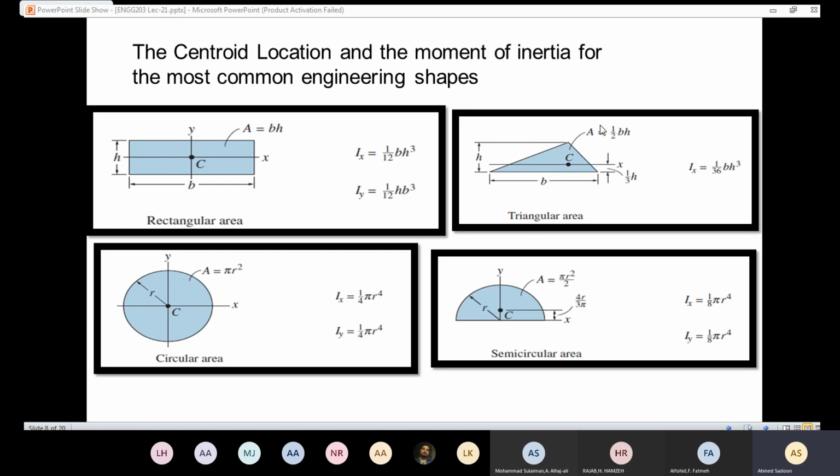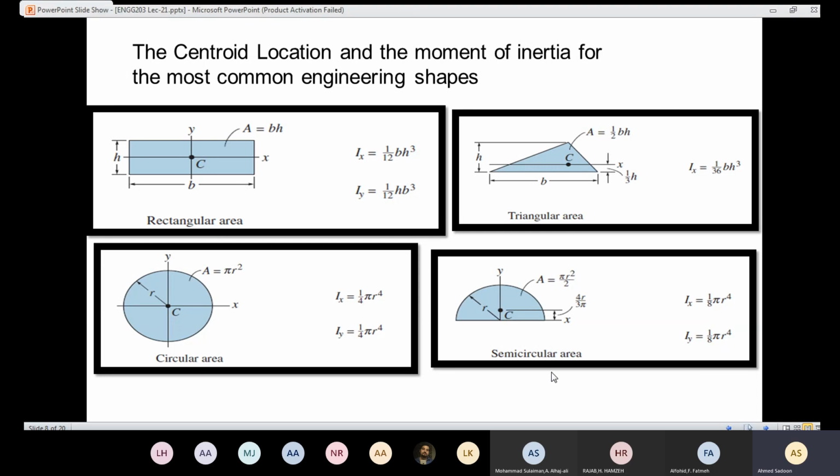Similarly, for the triangular area, and for the circular area, and for the semicircular area. Those are very important because when we are going to deal with the composite sections, we need to use the formulas for the common engineering shapes.